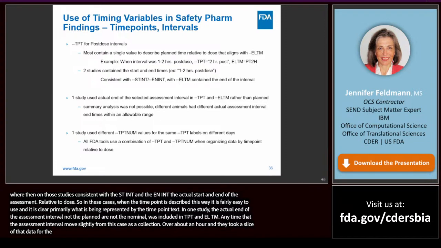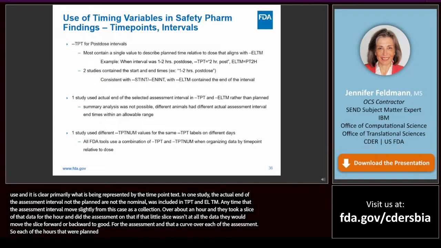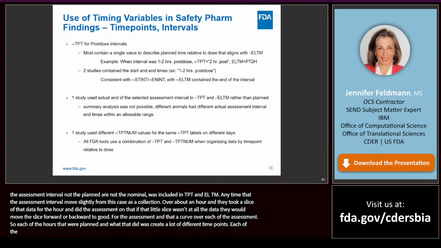If that little slice didn't have all good data, they would move the slice forward or backwards to get a good period for the assessment. And that occurred over each of the assessment periods, so each of the hours that were planned. And what that did is created a lot of different time points, because each of the animals' periods could move ever so slightly, and the time points then could not at all be used for the analysis.